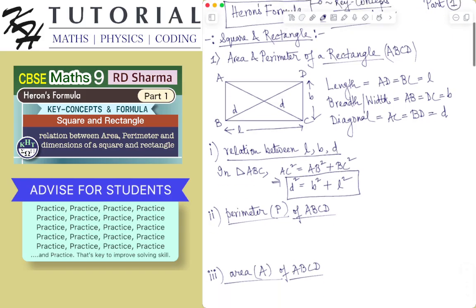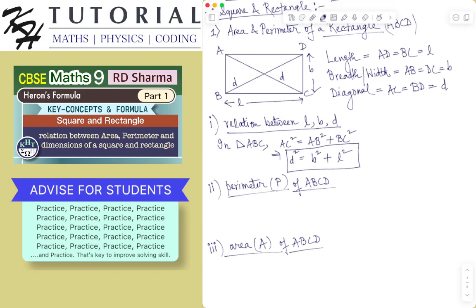Okay. Now what is the perimeter of the rectangle ABCD? You have already studied this in your previous classes. Perimeter P is equal to 2 into (length plus breadth), 2 into (L plus b). Now this you know, but from here you must also observe that the sum of the length and breadth of a rectangle is equal to perimeter by 2.